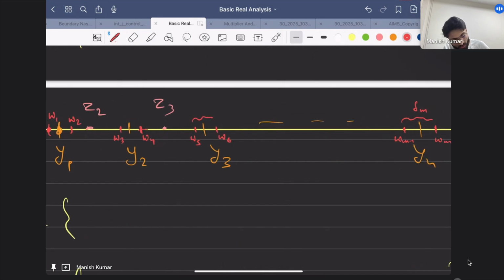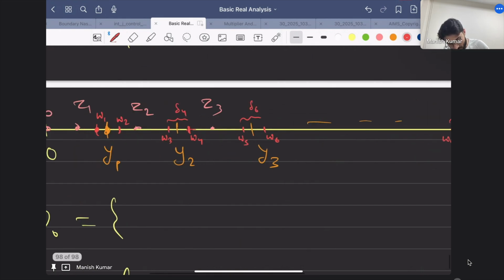I'm assigning each of them some delta, so there's some problem in naming, just a second.